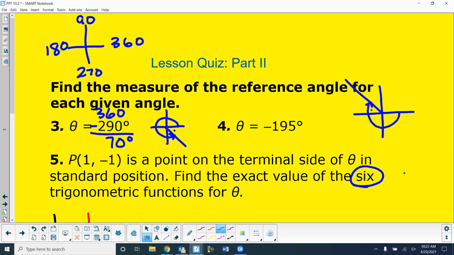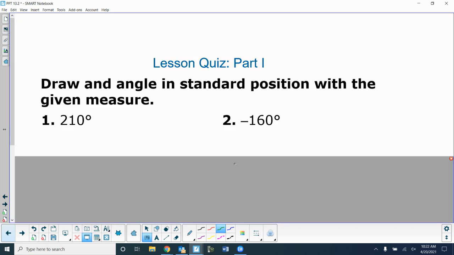You're at 195. How much past 180 is that? 15. That's the reference angle. Questions? Sammy, making sense? You weren't hearing me. Do we have any issues drawing the angles in standard position? We're all okay with that, aren't we?